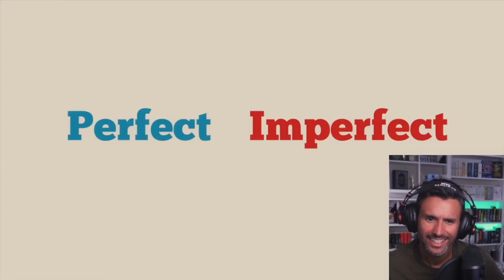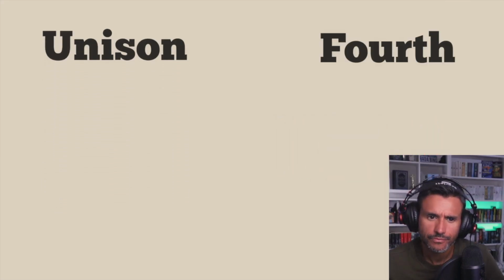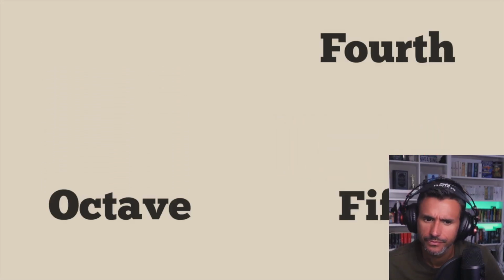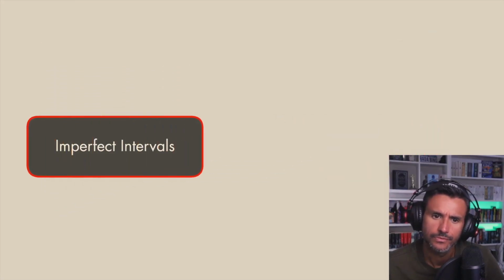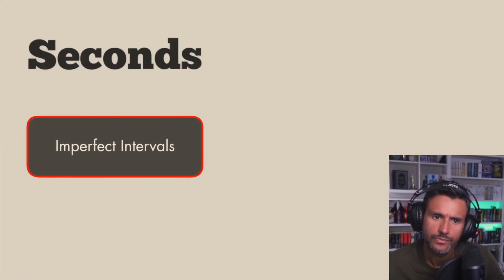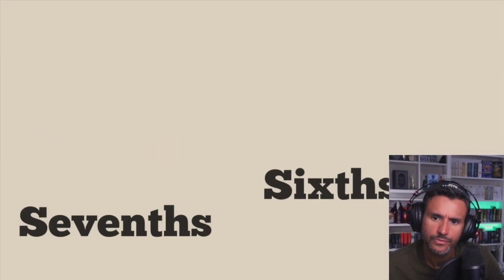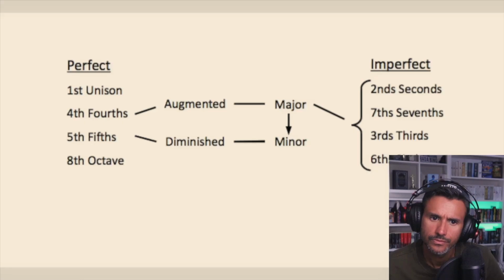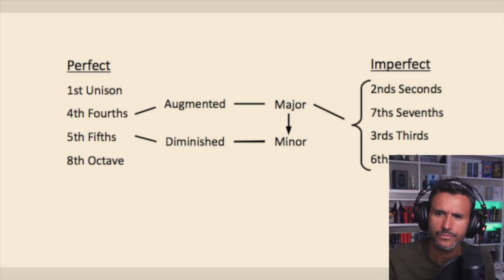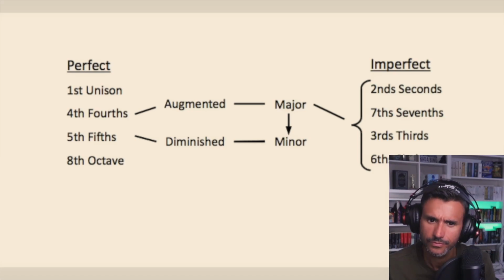There are two qualities of intervals: perfect and imperfect. Perfect intervals include the unison, fourth, fifth, and octave. Imperfect includes the seconds, thirds, sixths, and sevenths. Perfect intervals become augmented when enlarged by a half step and become diminished when reduced by a half step. Imperfect intervals become augmented when enlarged by a half step and become minor when reduced by a half step.